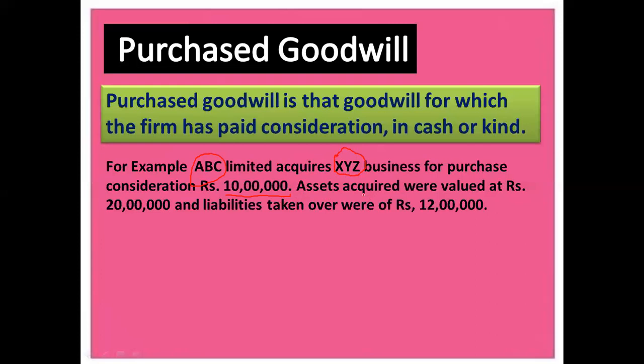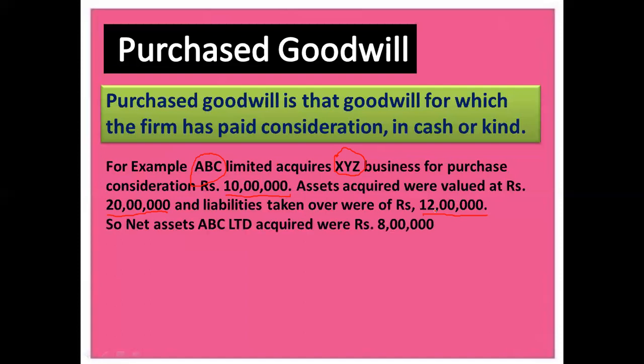The assets acquired were valued at rupees 20 lakh. When ABC Limited acquired the business of XYZ Limited, on that day, XYZ had total assets worth rupees 20 lakh. And ABC Limited is required to take up their liabilities also as they are purchasing the business, that come out to rupees 12 lakh. So assets worth rupees 20 lakh and liabilities worth rupees 12 lakh.